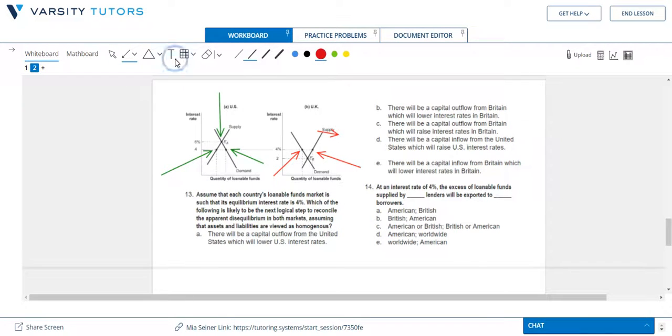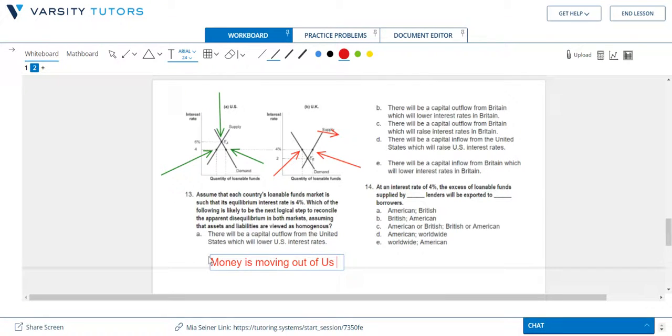Just explaining what happens one more time, money is moving out of the US. This is the loanable funds market, because right now in the US, you can only seem to really get like a 6% interest rate loan.